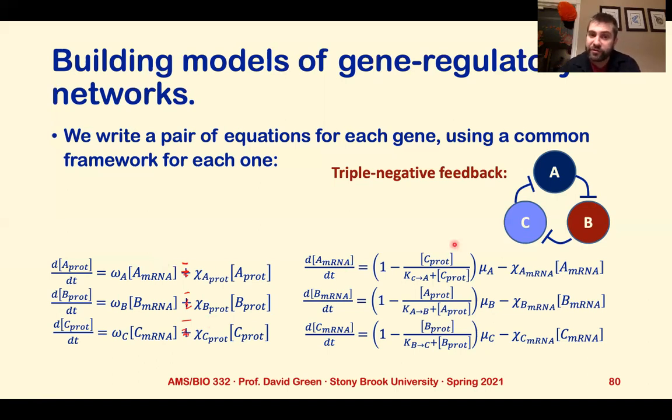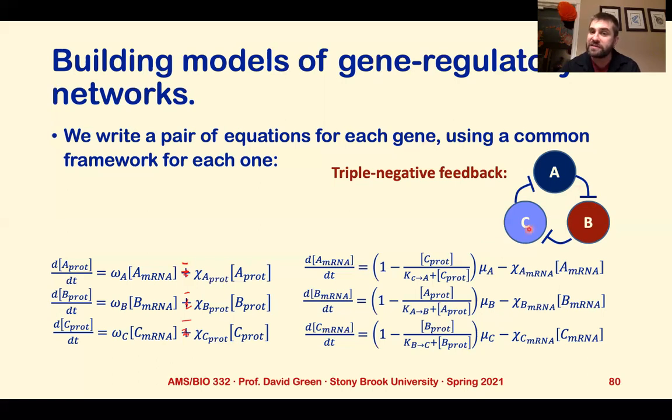Similarly, for the three species of mRNA, we have an equation that has a synthesis term and a degradation term. Again, the degradation terms all look the same. They all depend on the molecule of interest, A mRNA, B mRNA, C mRNA. The degradation constants may be the same or they may be different. Then we have the mRNA synthesis piece, the transcription piece.